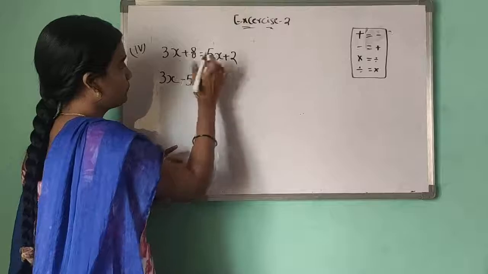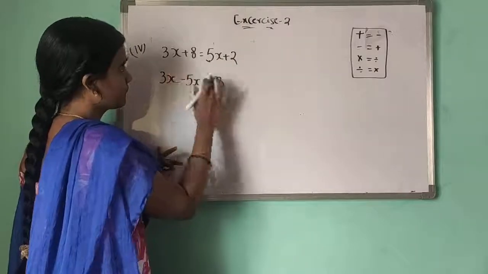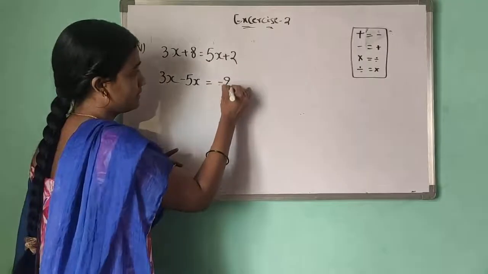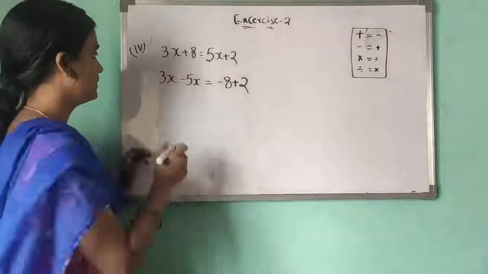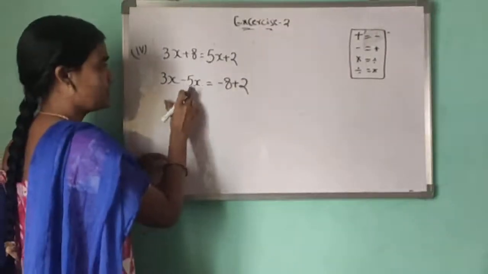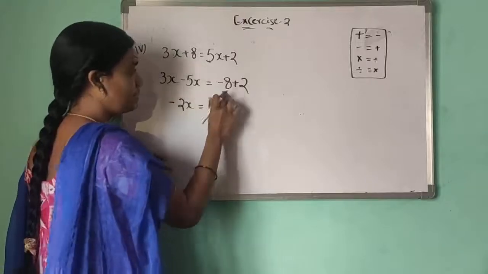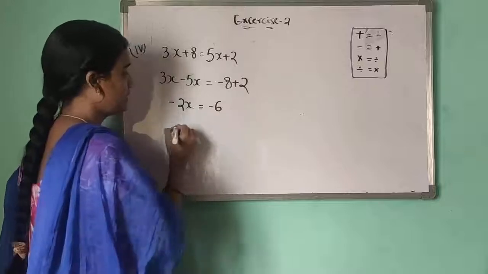Is equal to, here plus 8 is there, moving it becomes minus 8, plus 2 stays the same. So 3x minus 5x equal to minus 2x, equal to minus 8 plus 2, minus 6, right?